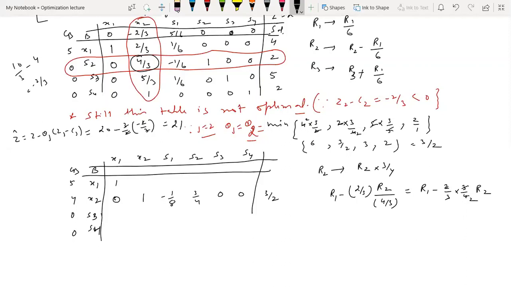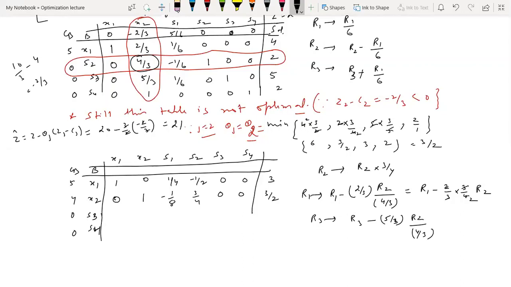So when you apply this row operation, I will be getting 0, 0, 1 by 4 minus 1 by 2, 0, 0, 3. Similarly, this is for my row 1, and how is my row 3 going to change? It is row 3 minus 5 by 3 times row 2 by 4 by 3. Again you can simplify and calculate.